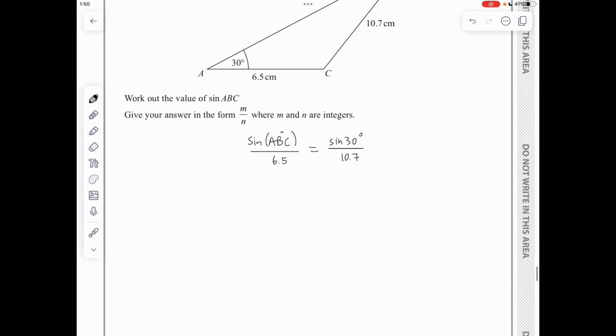Now I will solve for sine ABC. So sine of ABC is equal to 6.5 times sine of 30 over 10.7.